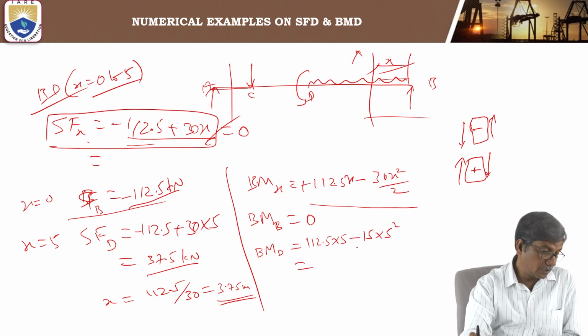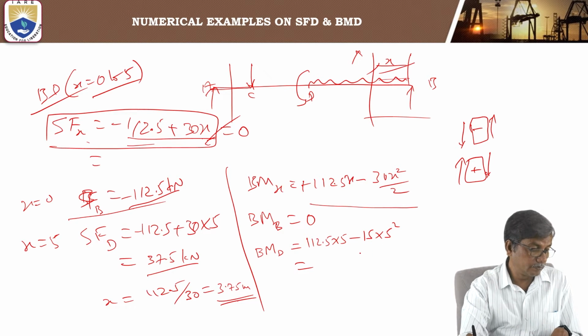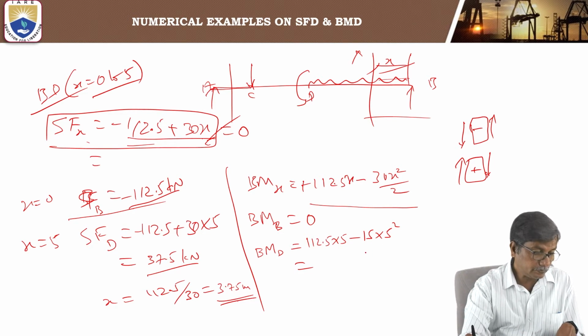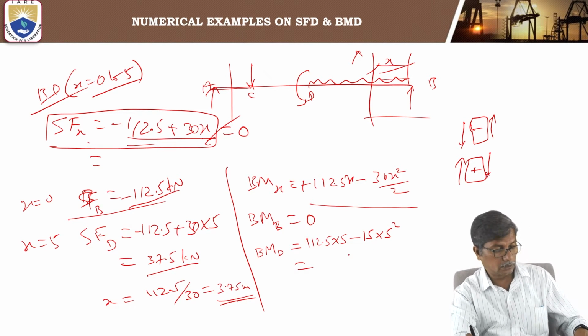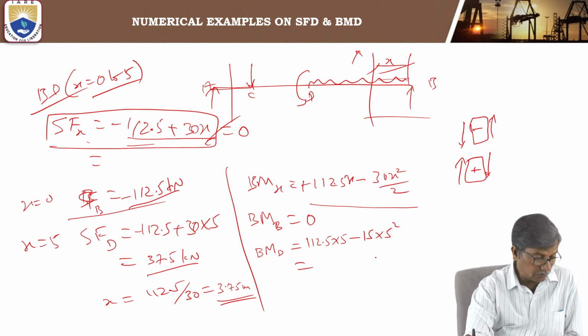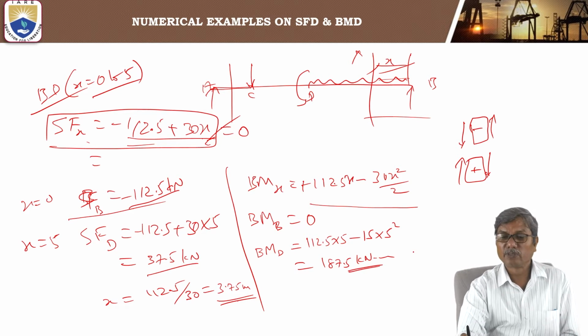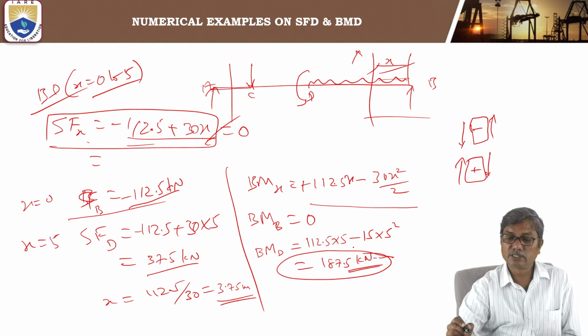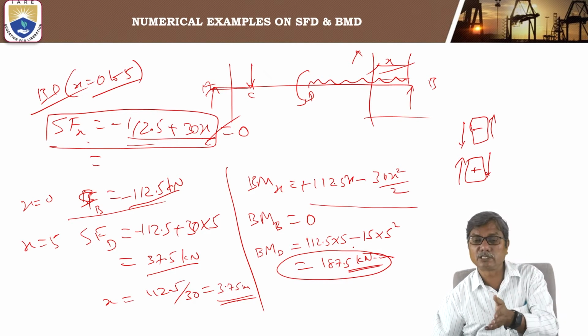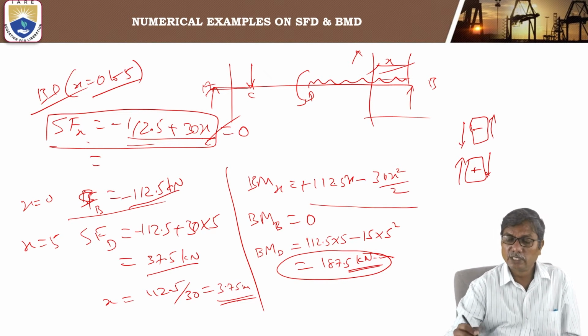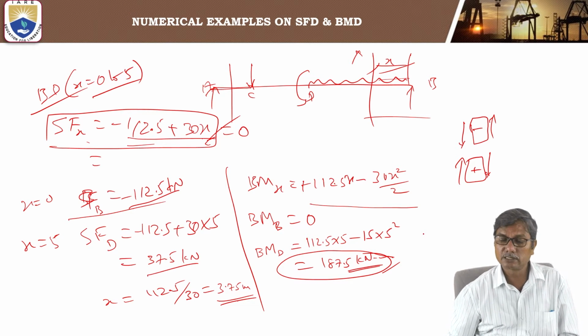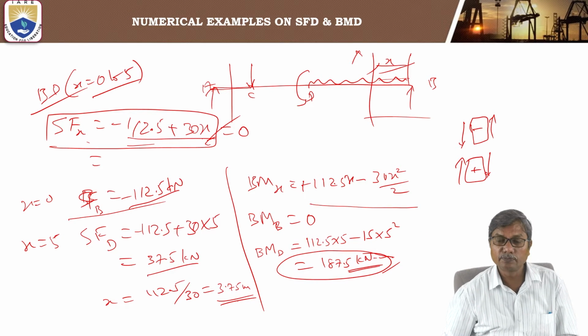So it comes out to be, not 207, it is 187.5 kilonewton meters. Okay. So considering the right side of the section, we get the bending moment at D as 187.5.